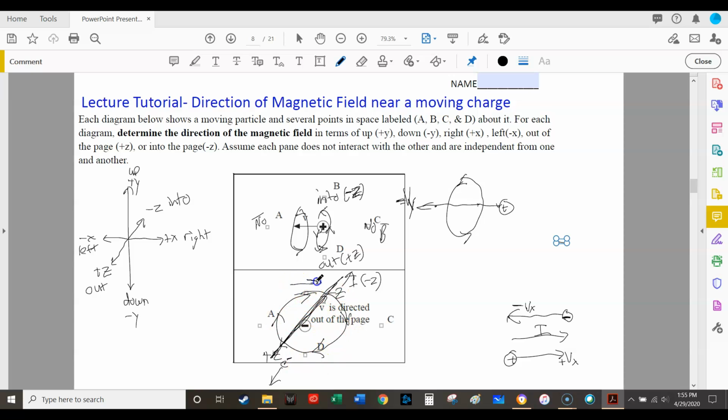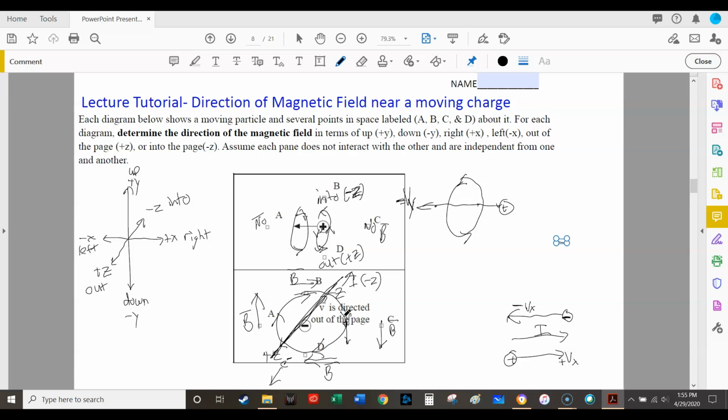That means B is going to be to the right. A magnetic field is going to be pointed to the right. A is going to be pointed up. C should be pointed down, right? And D is going to be pointed to the left. Okay?